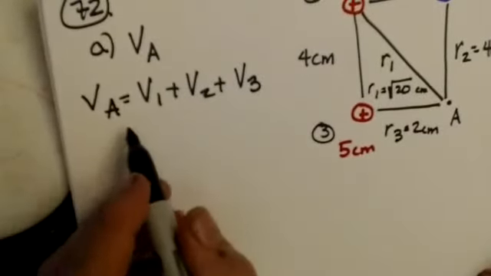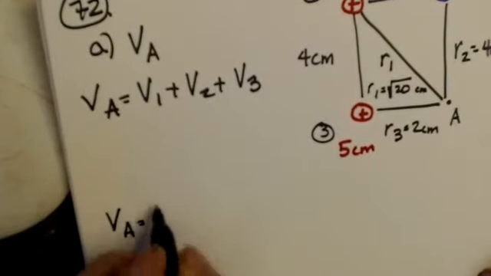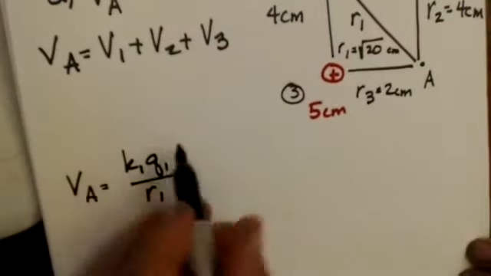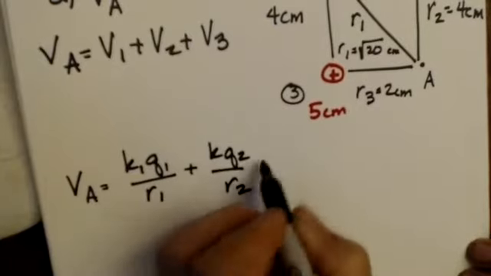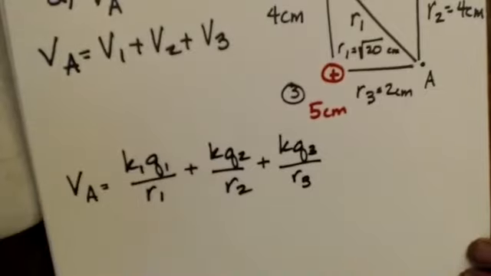Okay, all right, so I'm going to do the same thing I just did. So it's K Q1 over R1 plus K Q2 over R2 plus K Q3 over R3.